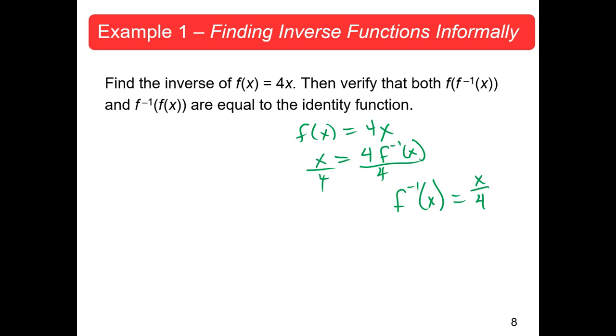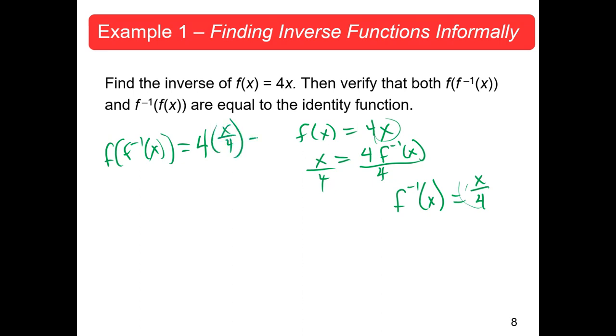Now, if I want to check to see if this is indeed the inverse of the original function, I know that if I take the composite and then the reverse composite, they should both equal x. So let's try that out. Remember, my first one is 4, and I'm going to replace this x with this inverse of x. So that will be x over 4.